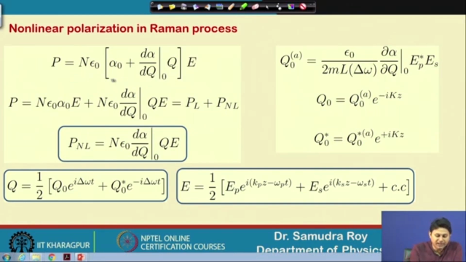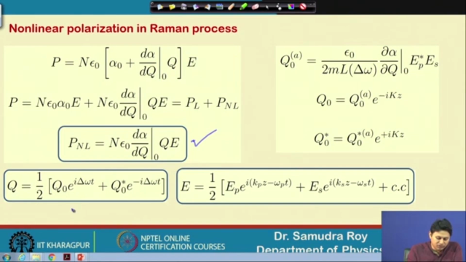P was N epsilon 0 alpha of q and E. Alpha of q is expanded as alpha 0 plus d alpha dq multiplied by q, because this is a weak function of generalized coordinate q, and after that we divide these things into two parts, P linear and P nonlinear. The nonlinear part contains this q term, and P nonlinear is defined in this way, where q and E are multiplied.